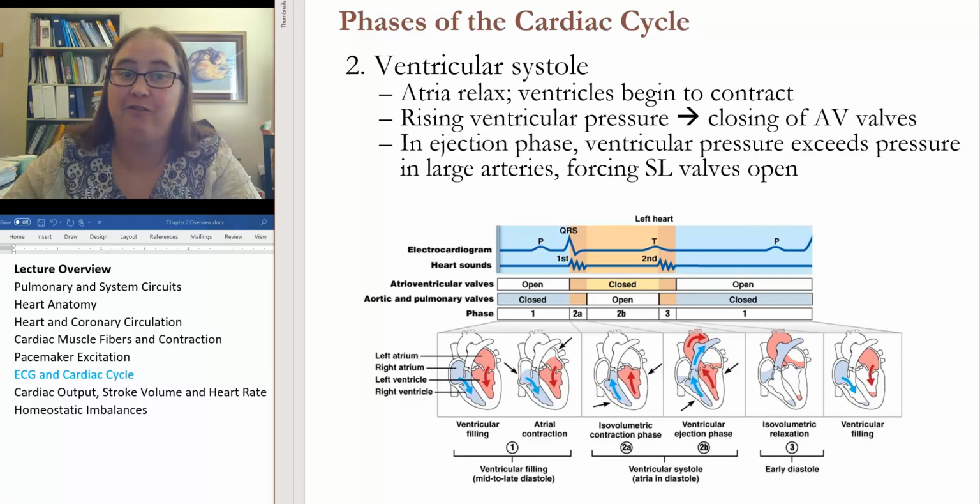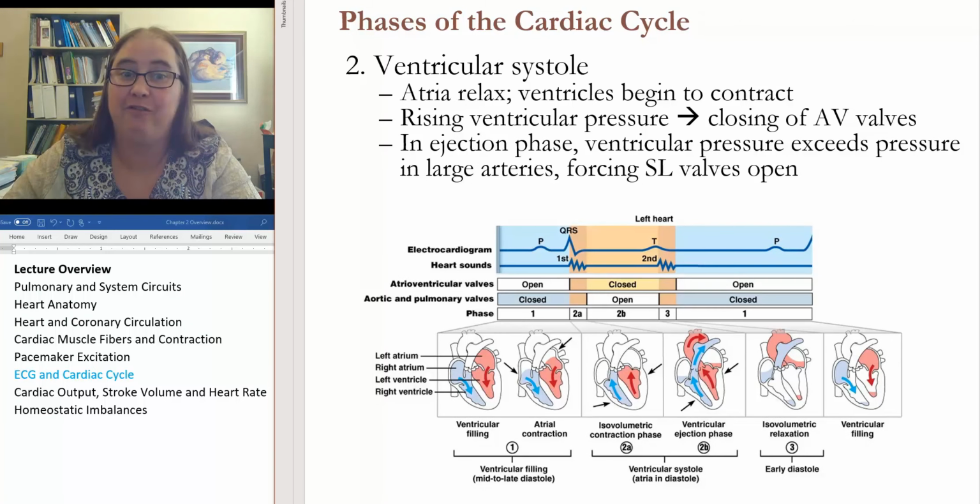As that ventricle starts to squeeze in, we're going to generate pressure inside those ventricles. As that heart contracts, we're going to snap those AV valves closed right here. Boop. Closed.